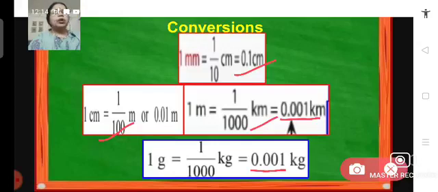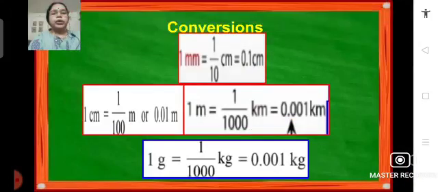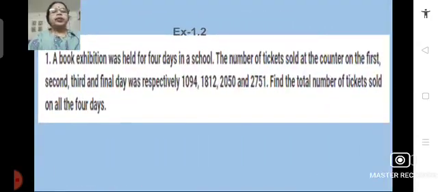So this is how we convert the units of measurements into each other. Now let's start solving the problems of exercise 1.2.